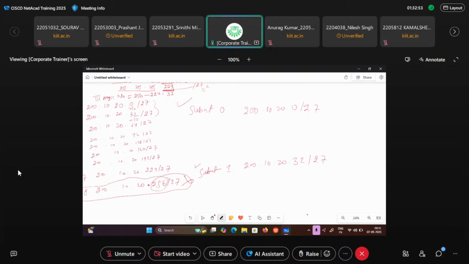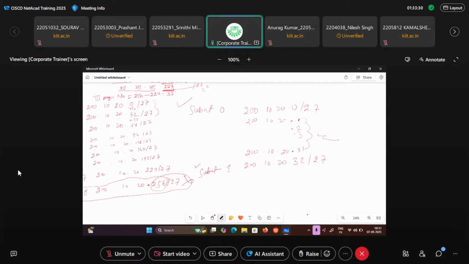If we have different networks, so just think of it. In this network, if you write the IP like 200.10.20.1, 20.2, 20.3, it will go up to what? 200.10.20.31. Yes or no, guys? So it will start from 1 and go up to 31, right?